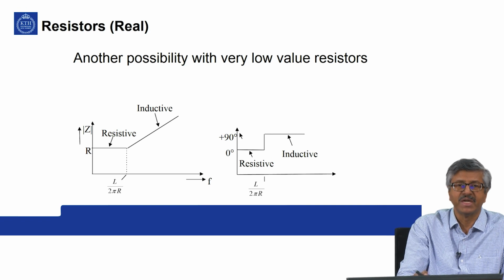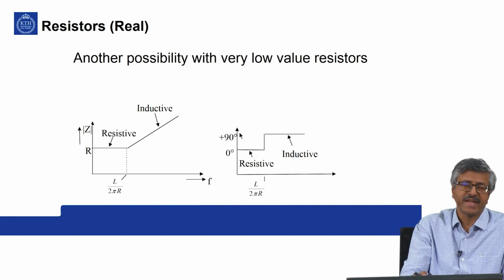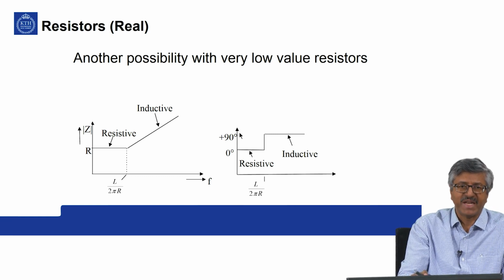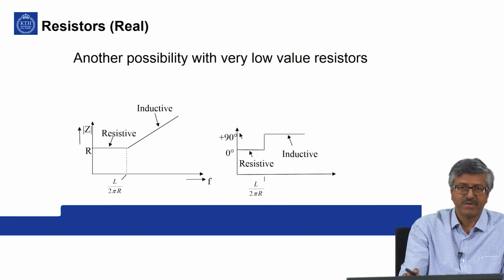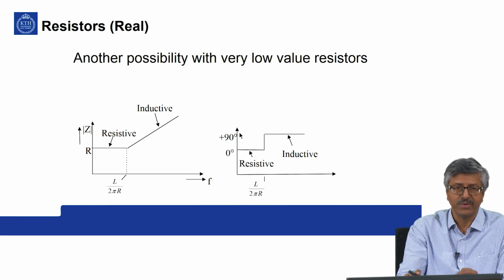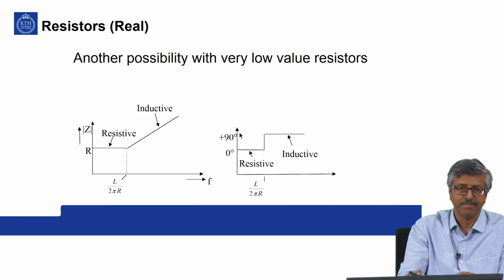So we often say that if you are selecting very low value resistors for an application, you have to be extremely careful about parasitic inductance, not really parasitic capacitance. That is where the main problem will happen, because this will be the Bode plot corresponding to it. From a low value of resistor, immediately you go into the inductive part of it.